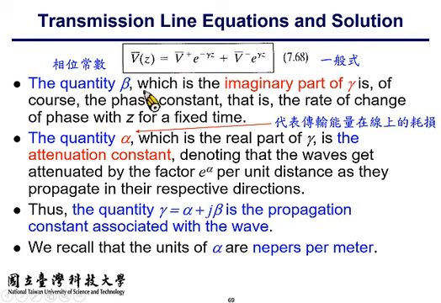So gamma, again, is the so-called propagation constant. And the unit for alpha is per meter. No, meters per meter. Well, actually, in the questions of the textbooks, sometimes alpha is labeled in terms of meters per wavelength.